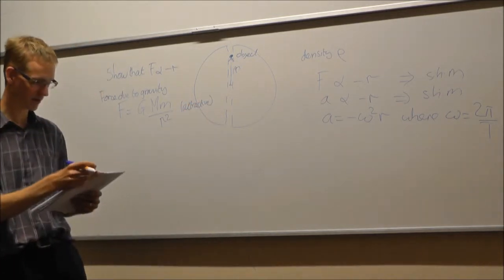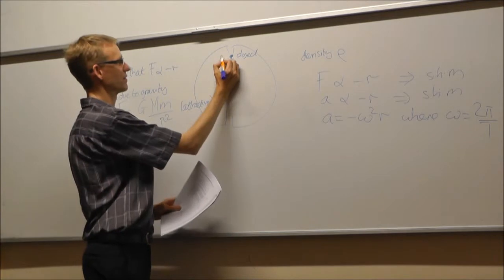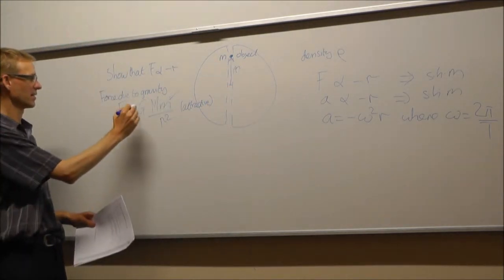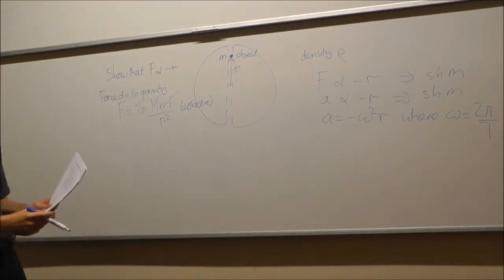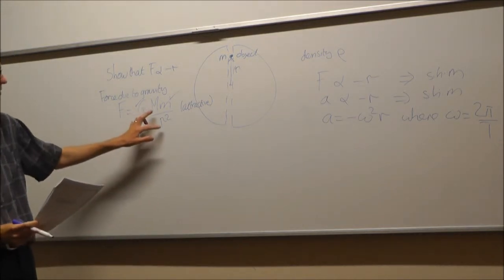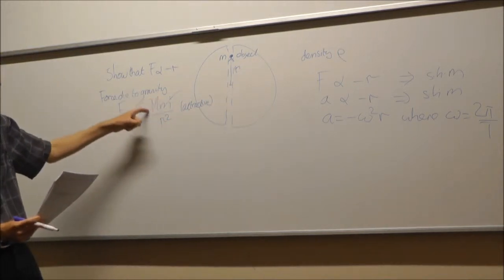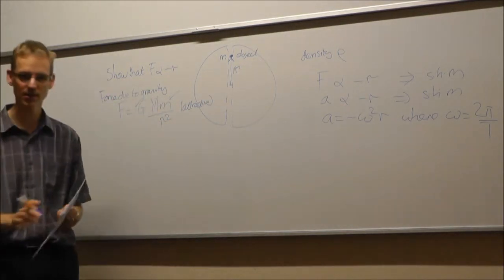Okay, so let's say our object is of small mass m. We know Newton's gravitational constant. So we're assuming we're a distance r, so we know r. So the question is, what is our big mass M?